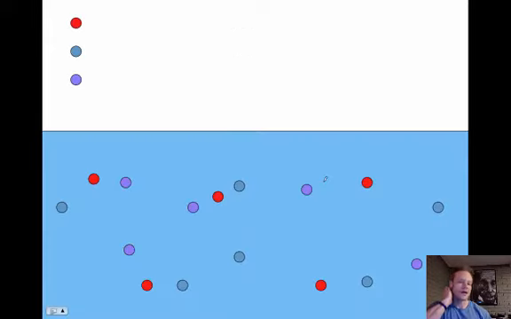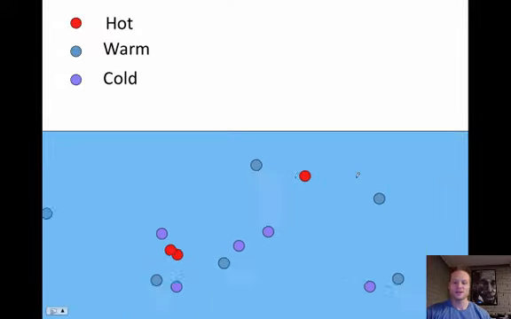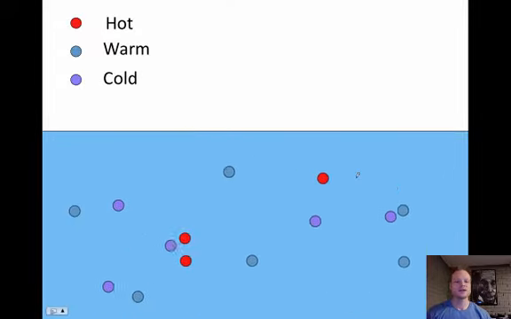So this is just a little animation, and these dots are supposed to represent different molecules. The red's supposed to be hot, this shade of blue is supposed to be warm, and the purple is cold. If you put these molecules into motion, you can see that they're moving at different speeds, right? The red ones are bouncing around like crazy.